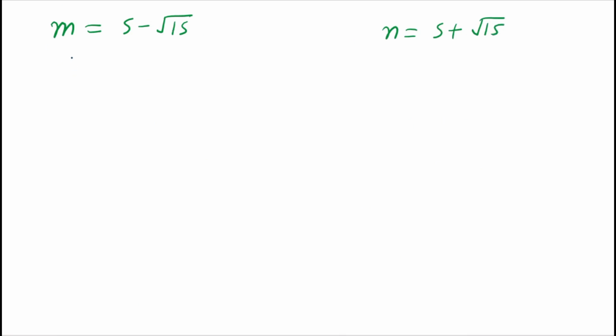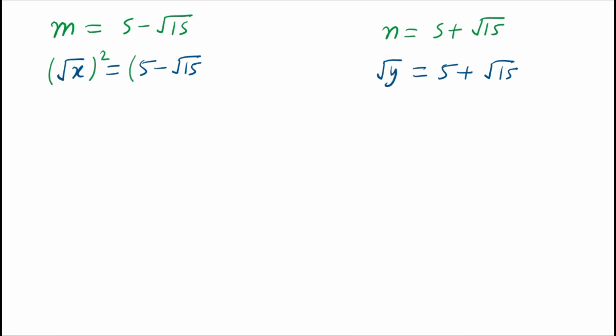Then this m is replaced by square root of x, which is equals to 5 minus square root of 15. And here n is replaced by square root of y, which is equals to 5 plus square root of 15. Now if we take square on both sides, the square root is cancelled out by this square, then x is equals to, here we will apply a minus b whole square, and if you solve this expression then you will get 40 minus 10 times square root of 15.